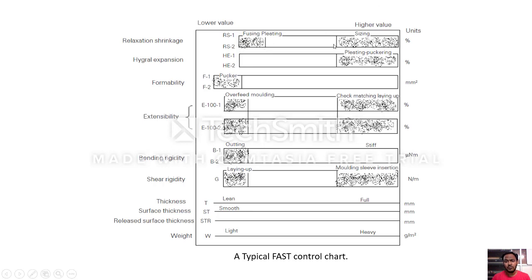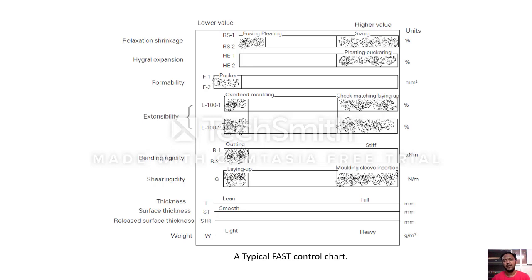But if the relaxation shrinkage is too high, it will create problems in sizing. This sizing is not what you normally think of, where you take starch and improve the weight of the fabric. This sizing is different, where the dimensions of the fabric get increased.